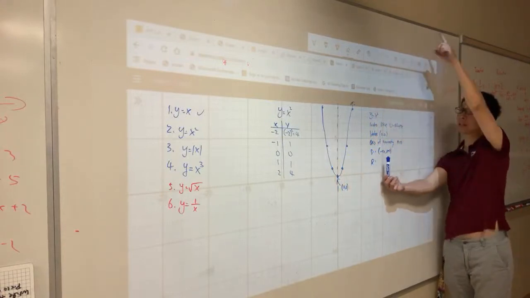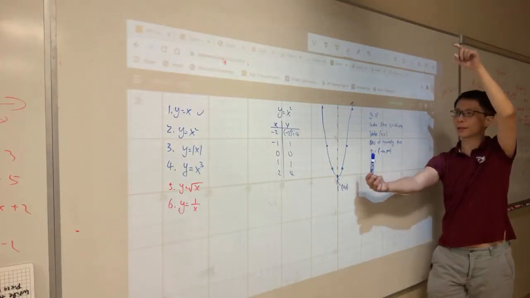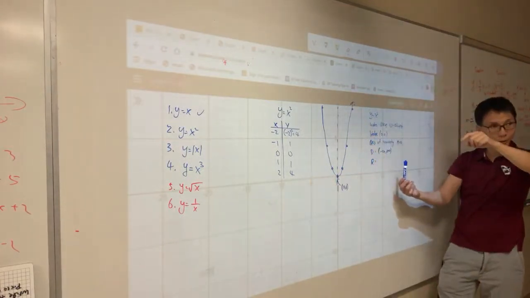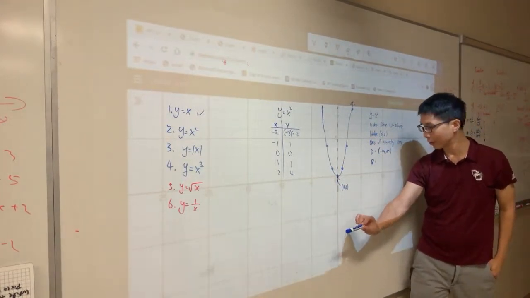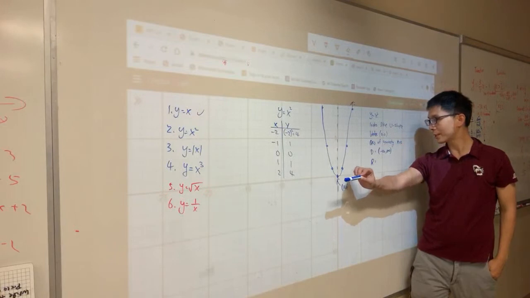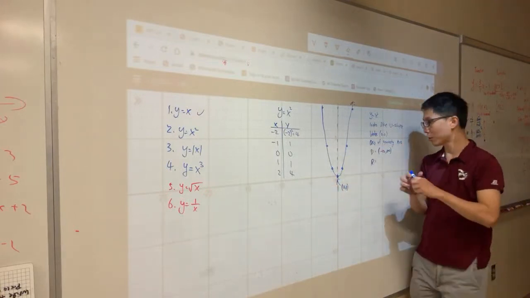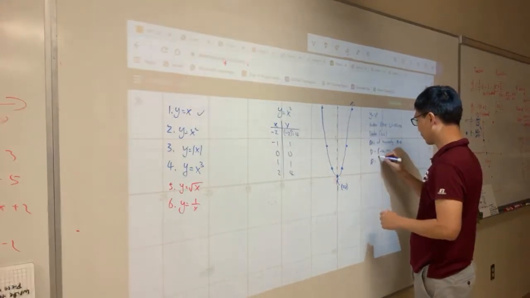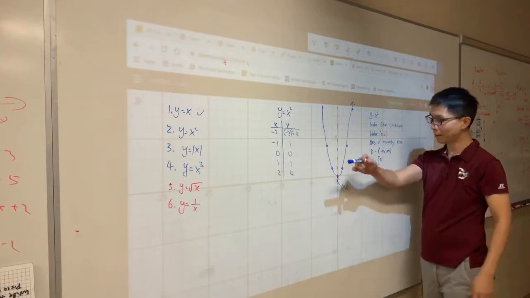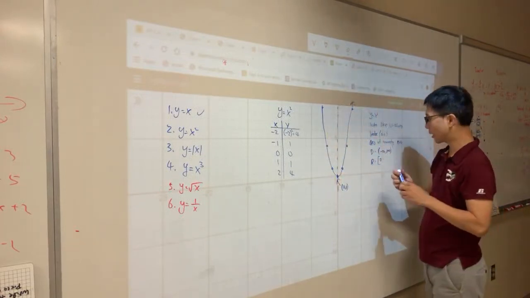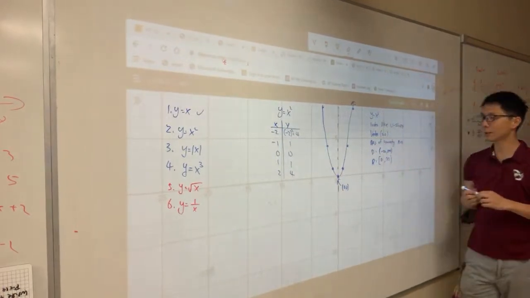Remember this marker is like infinitely long, so it's gonna touch the graph anyway, so the domain is gonna be all real numbers. Your range, however, is gonna test from the bottom, and you're gonna look at the graph. You're gonna see, oh, when it first intersects is at 0. So it should include 0. And that's why you have a bracket, and it's gonna go up. So the intersection keeps going to infinity. So it'll be 0 to infinity.